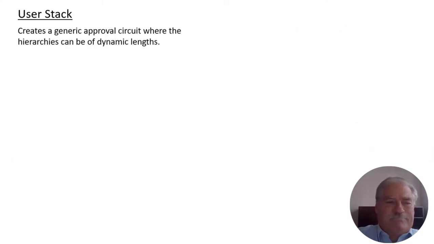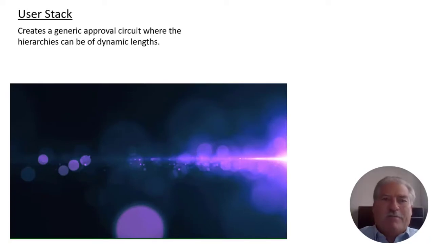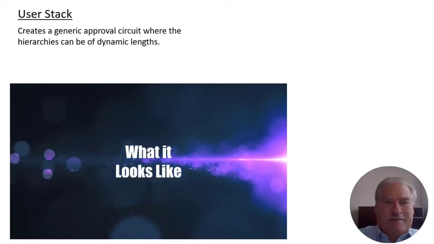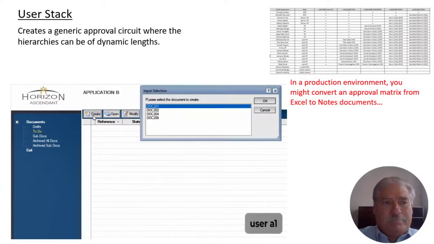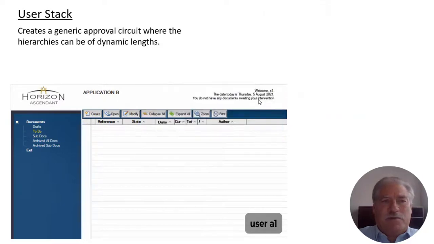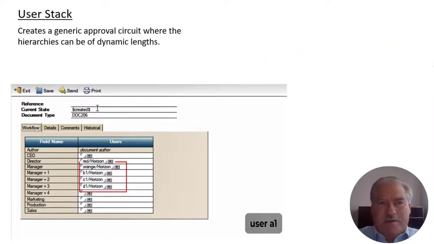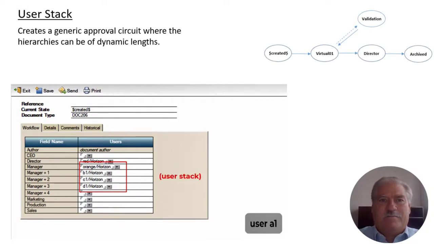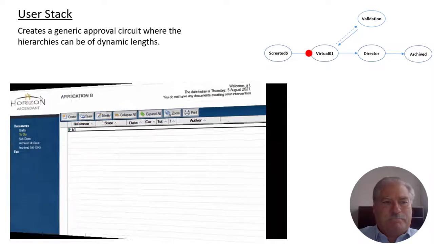User stack, similar principle, except here, of course, we're popping usernames off the stack as opposed to state names. Now, this is extremely powerful as it essentially allows you to have a generic approval circuit, and you can copy and paste these particular documents, state documents, from process to process.